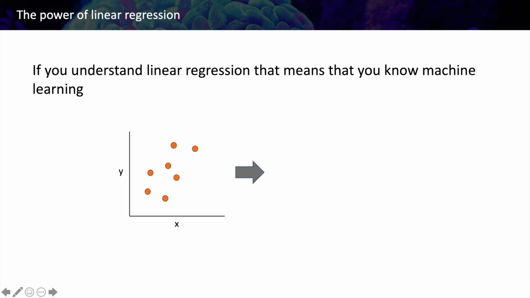If you understand what linear regression is and how it works, then you can know machine learning. So we can assume that linear regression is the simplest of the classifiers.